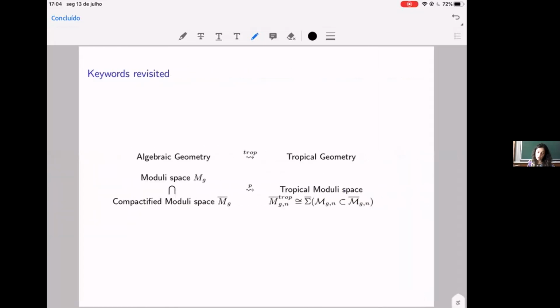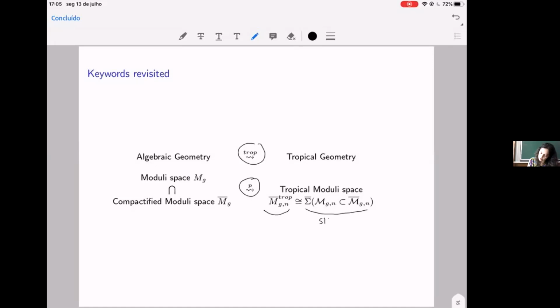Okay, so this was just revisiting the keywords I started with. The way to go from algebraic geometry to tropical geometry is the tropicalization map that I didn't have time to describe. And the way that the moduli space M_g sits inside the compactification is something that we can see by carefully looking at this topological retraction, which will allow us to describe the skeleton of the compactification.